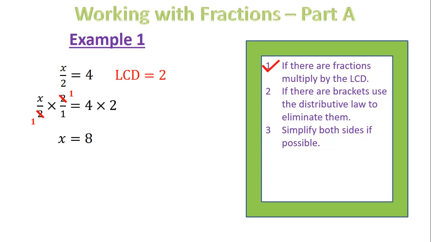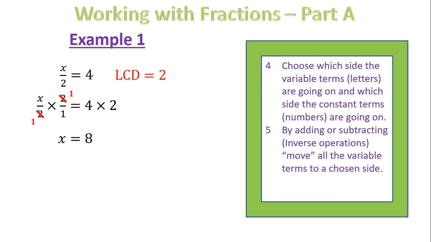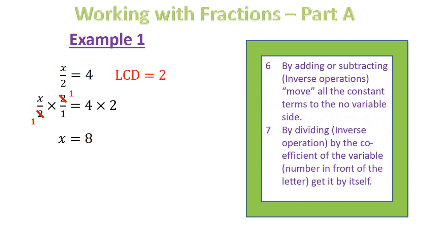Are there any brackets for step 2? No, there aren't, so that's done. Simplify both sides if possible. Don't need to. So, step 4, choose which side the variable terms are on. Don't need to. Step 5, by adding or subtracting, we don't need to. Step 6, by adding or subtracting, move the constant terms to the no variable side. No, don't need to do that.